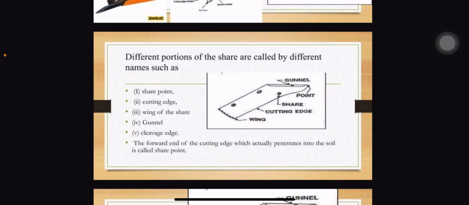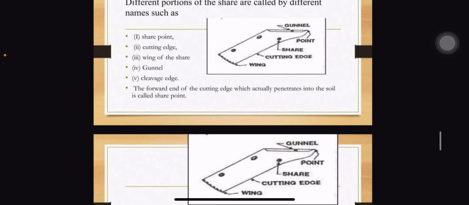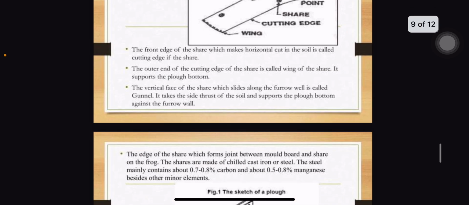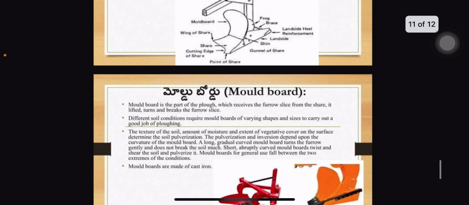Share point refers to the top edge, and the cutting edge refers to this side of the portion, and the wing of the share is also attached, then the gunnel. The front edge of the share which makes the horizontal cut in the soil is called the cutting edge. The outer end of the cutting edge of the share is called the wing. It supports the plough bottom.